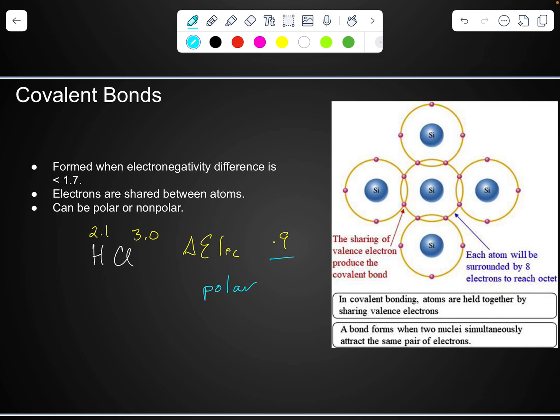If we had something like hydrogen with itself, well, this change in electronegativity is 0. So this is a non-polar sharing and a non-polar covalent molecule. So key parts: if you are polar, then you're not sharing electrons equally, but you are still sharing.